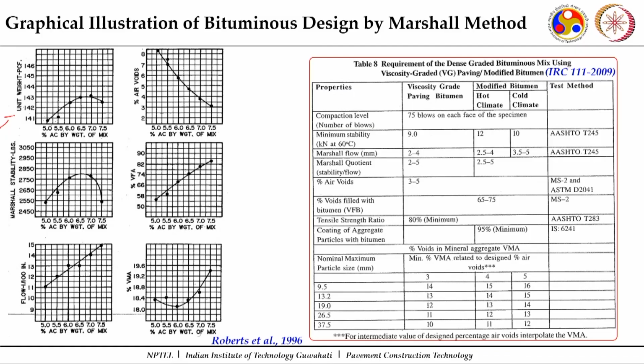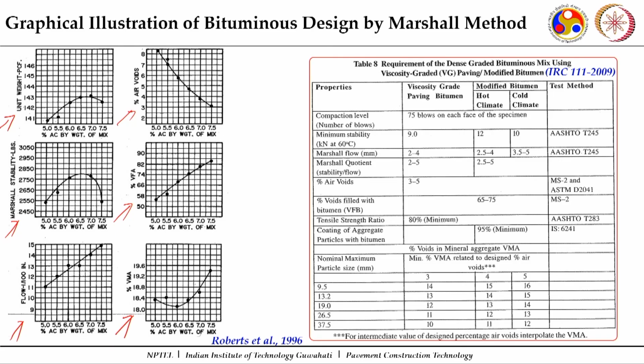This slide shows 6 different plots drawn against the bitumen content. The first one is unit weight or bulk density, the second is air void content, the third is Marshall stability, the fourth is voids filled with asphalt or bitumen, the fifth is flow, and the sixth is voids in the mineral aggregates.